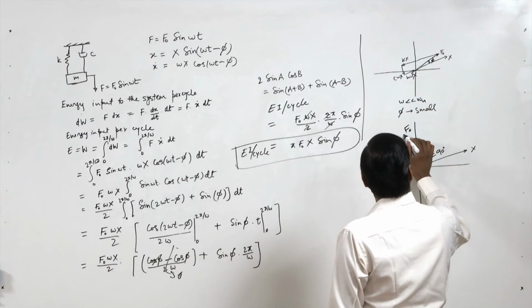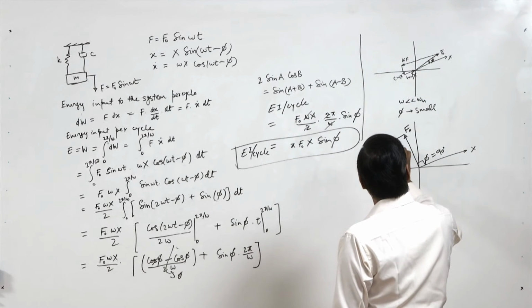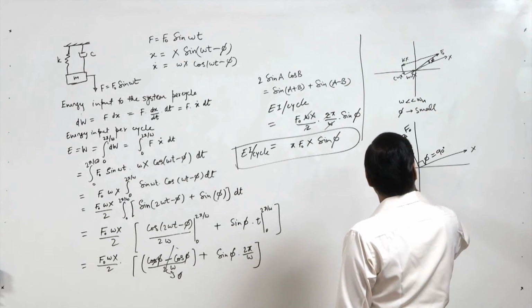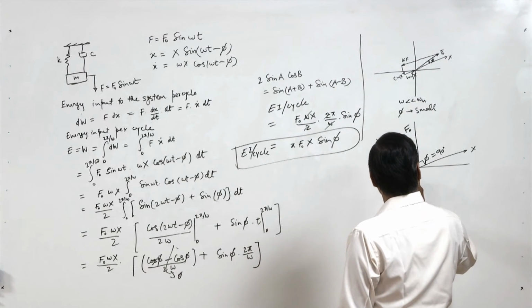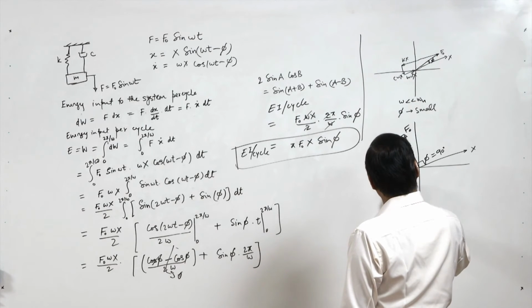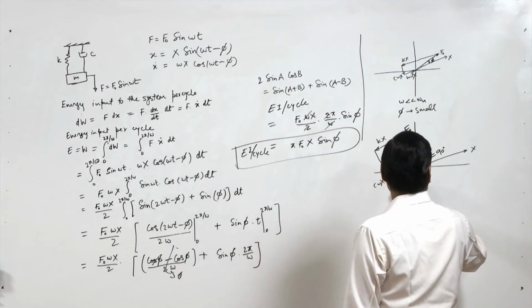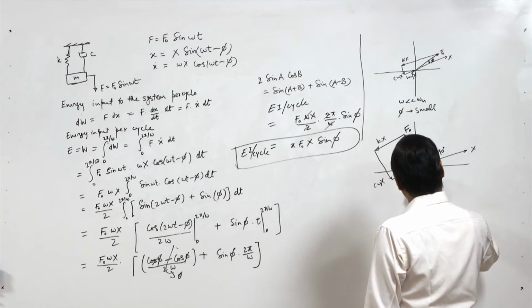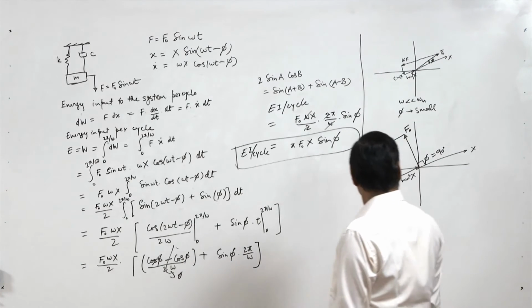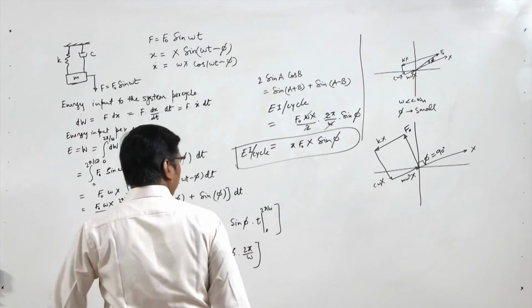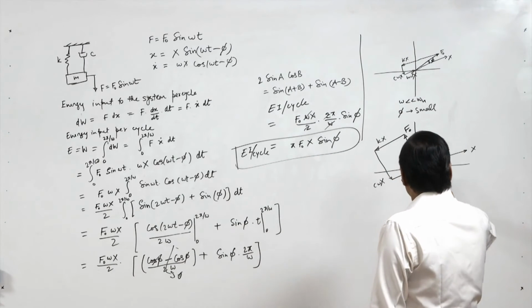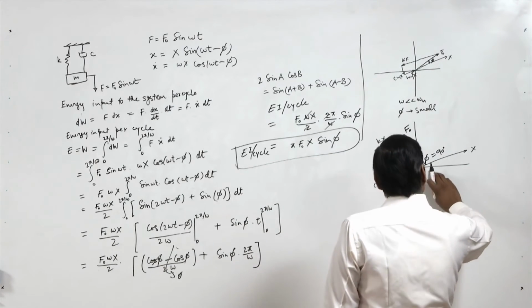Then this is the spring force kx, this is the damping force c omega x, and this is the inertia force, that is m omega square x. So here phi equal to 90.